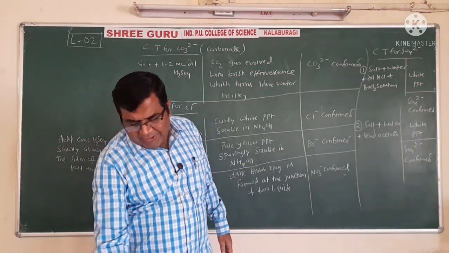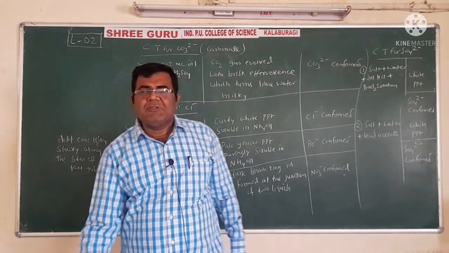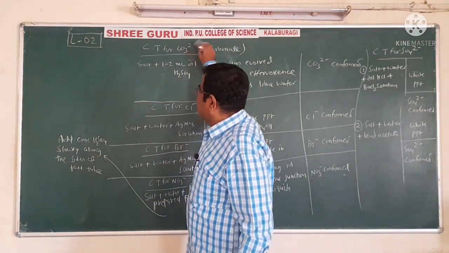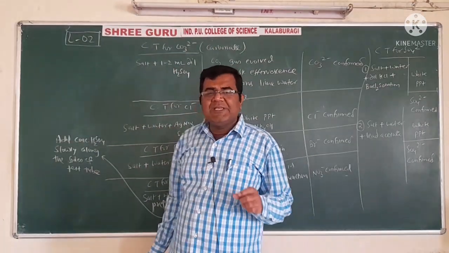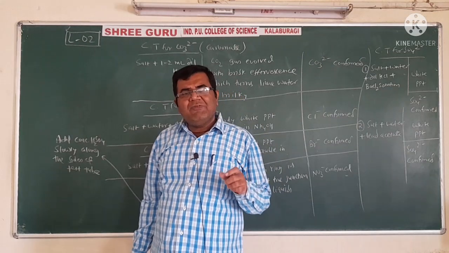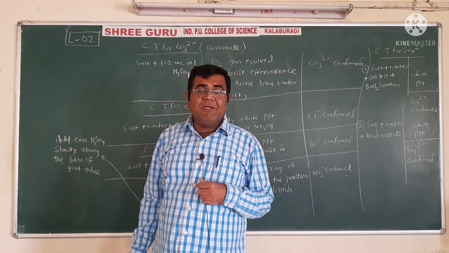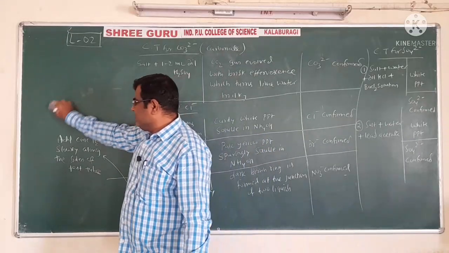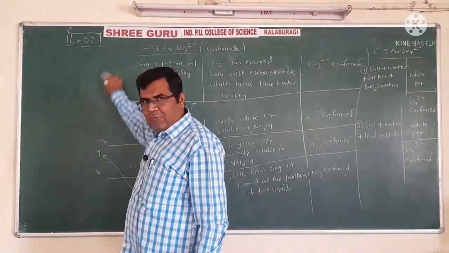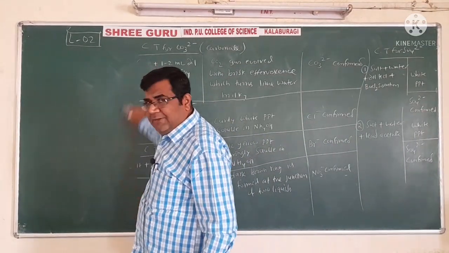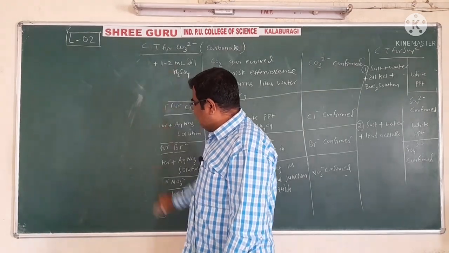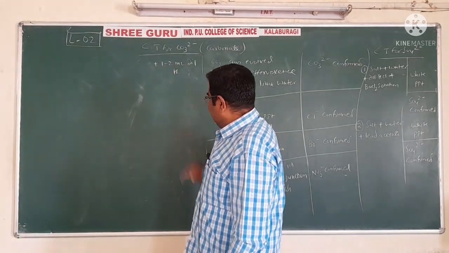Then we have to go ahead and learn about the 3rd part, which is the identification of the basic radical. But before identification of basic radical, you have to prepare the original solution. So I will rub this part again. I hope that you are writing with me and this class is beneficial to you.